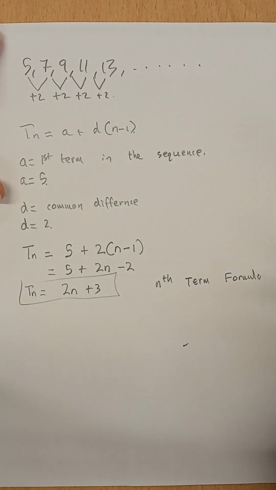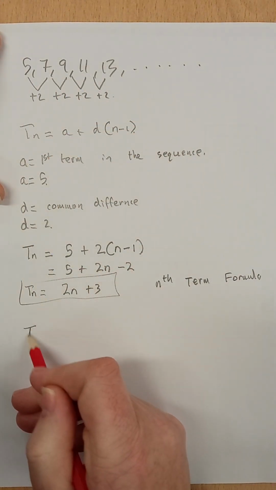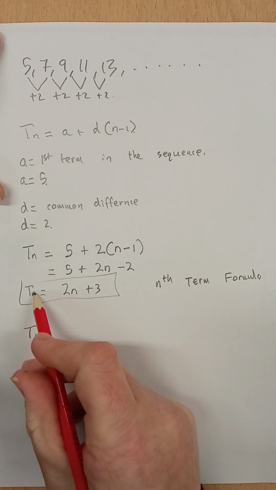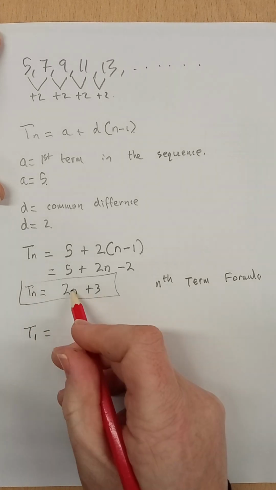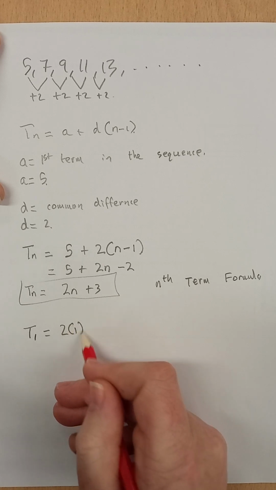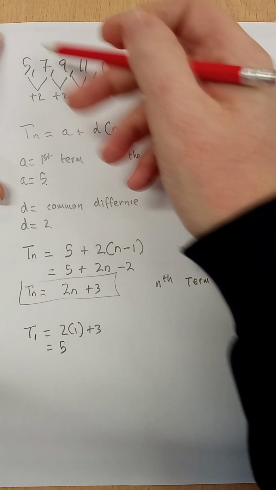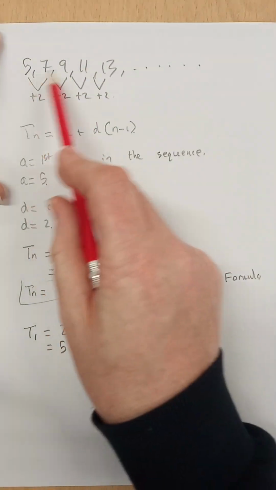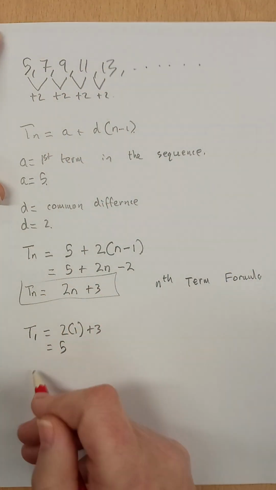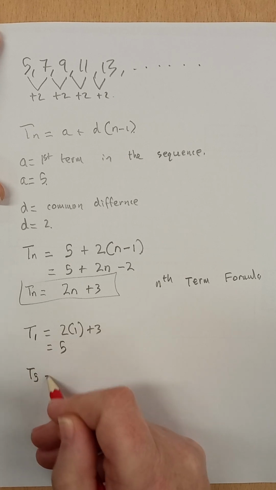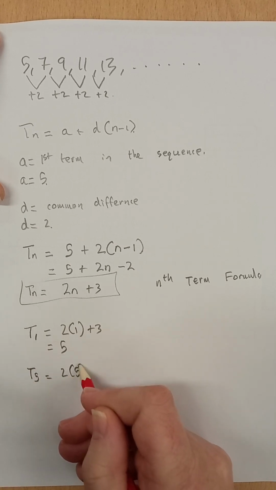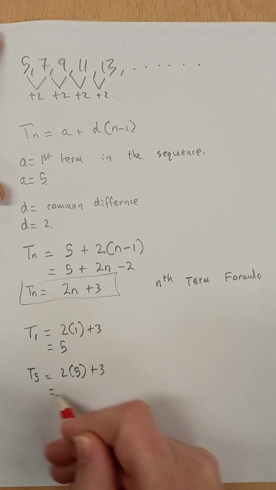Now let's see, is it the nth term formula? I'm going to find the first. I've replaced the n with 1, and it is indeed 5, the first one. Let's see, is the fifth one 13? And it is.